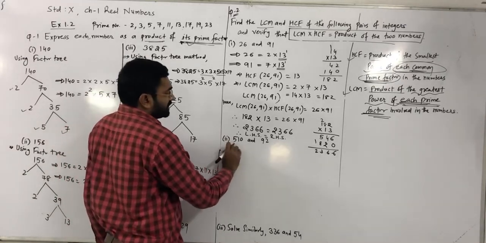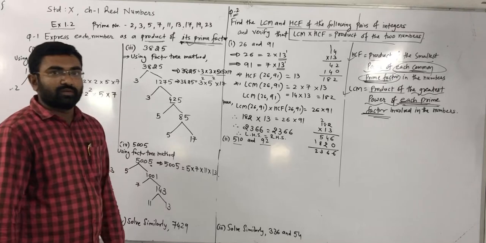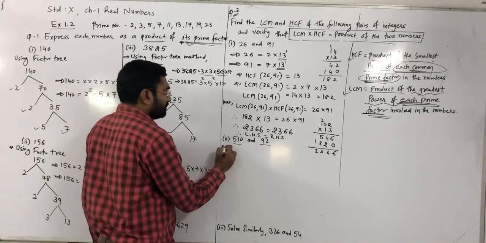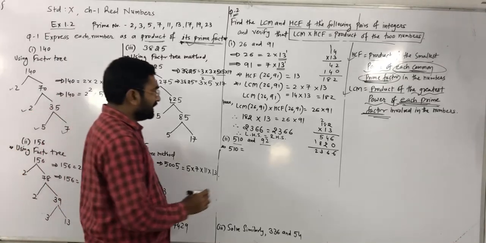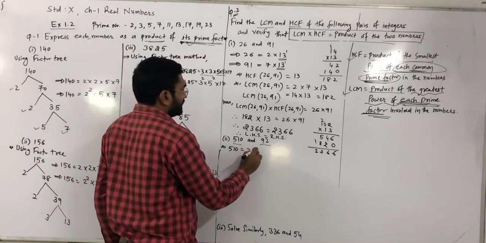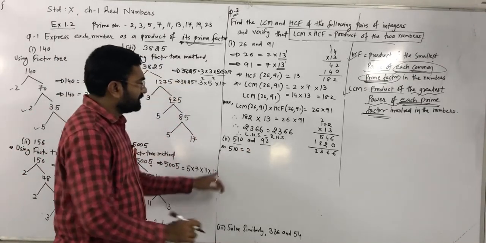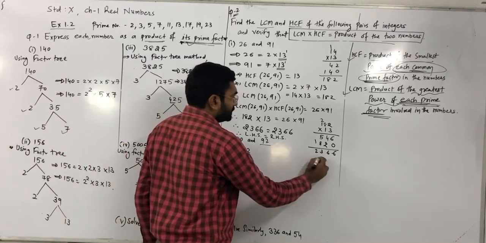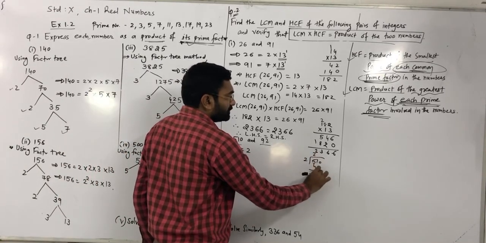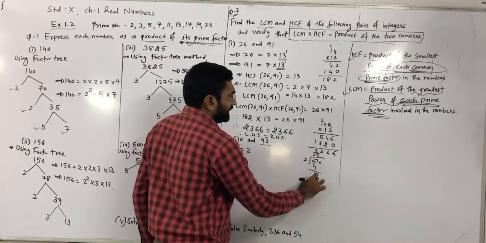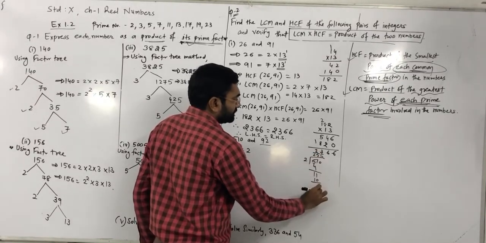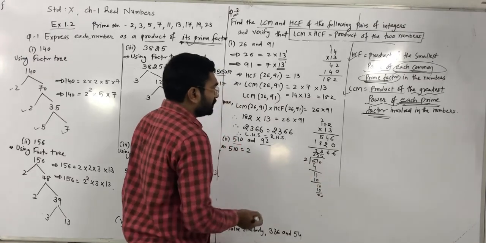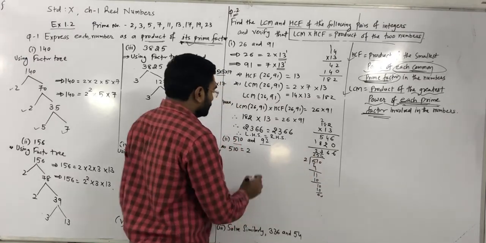So for the second question, these two numbers are given. First of all, we find the prime factors. 510 is divisible by 2, right? So 2 2s are 4, 2 5s are 10, and we get 255 into 2.